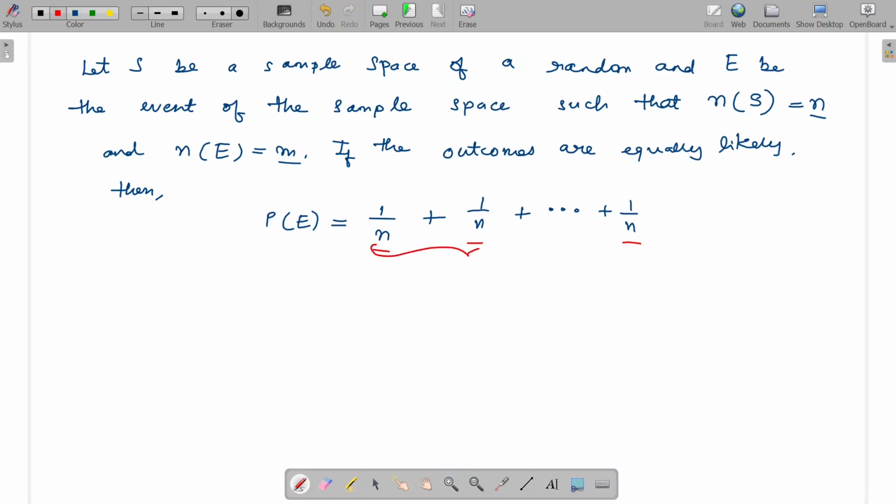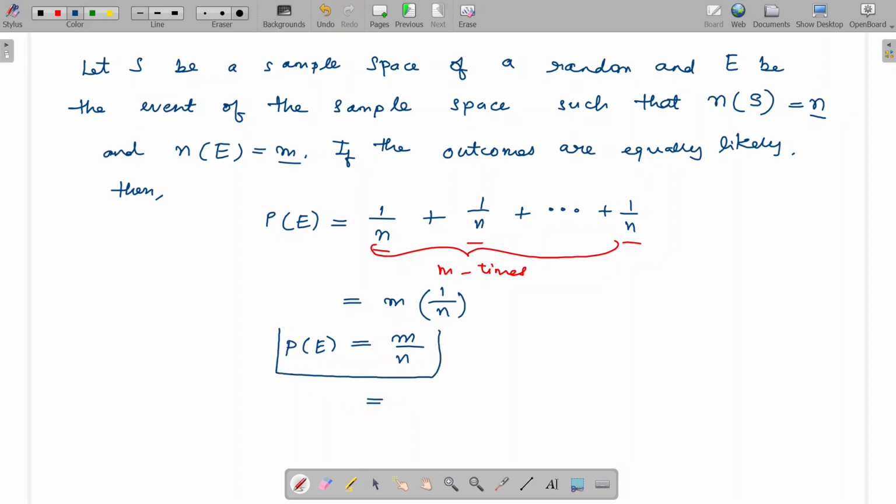How many times does it occur? m times, because there are m outcomes in E. If you add the same quantity m times, you get m times the same quantity. So this is equal to m by n. That means the probability of E is equal to m by n, and this is one formula which we have studied.